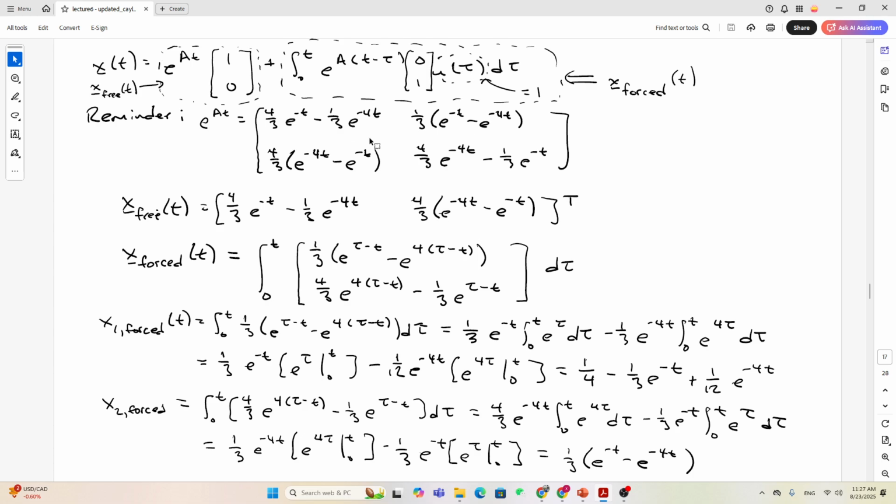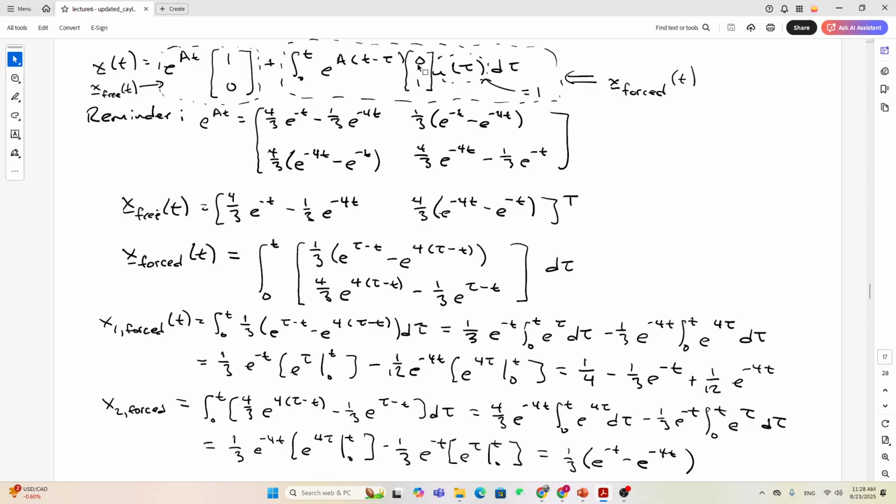So our forced response can be considered, let's say, your e to the power A times t we know is here, but right now use your small letter t and substitute with bracket t minus tau, and you get e to the power A times bracket t minus tau.